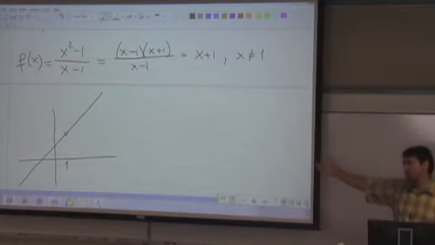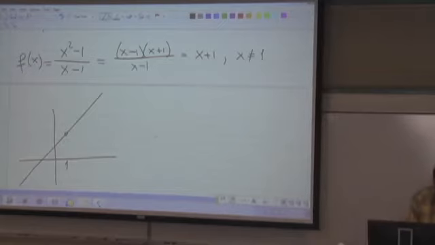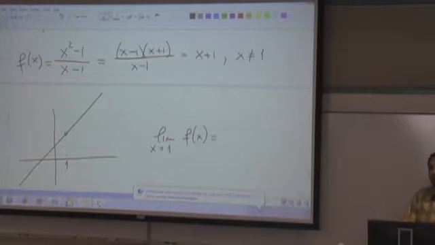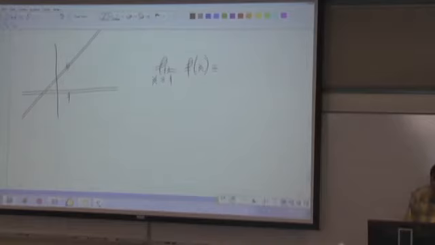We actually just saw this type of function, right? So now what is the limit as x goes to 1 of f of x? Well, as time passes, we'll learn more about these things.